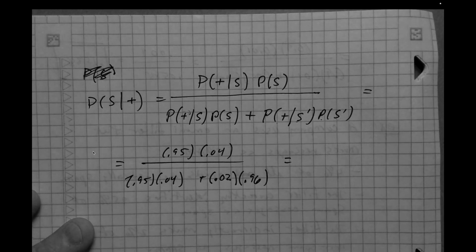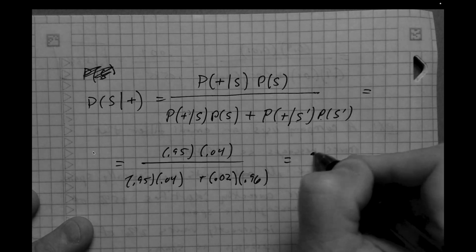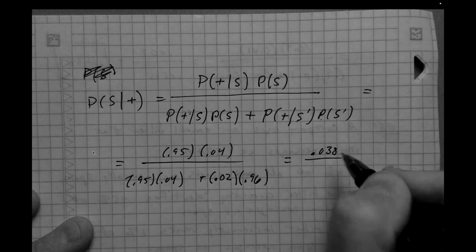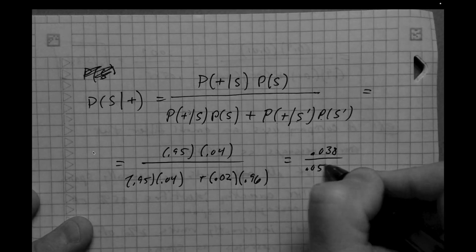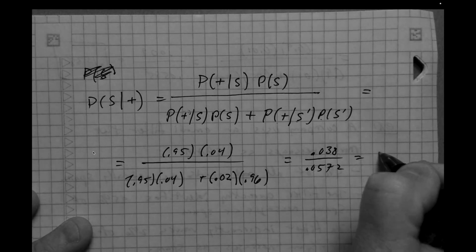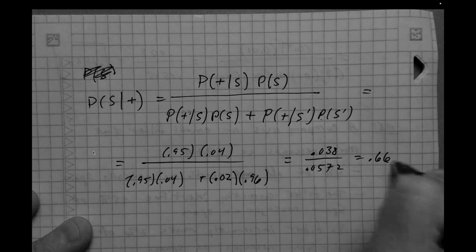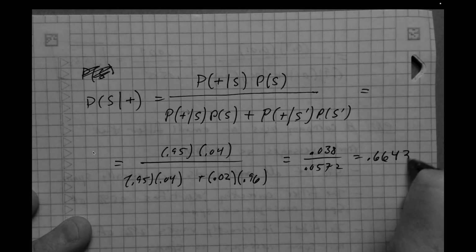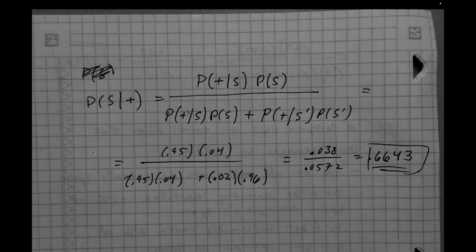Then you can crunch all these numbers, and you see 0.038 divided by 0.0572, and so we get 0.6643. Very good.